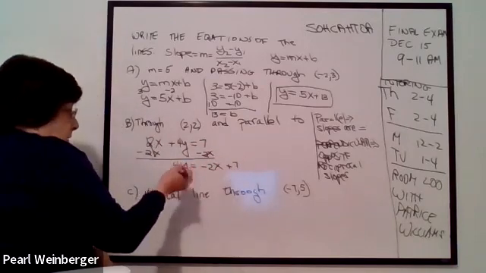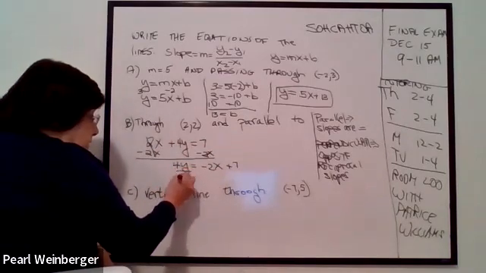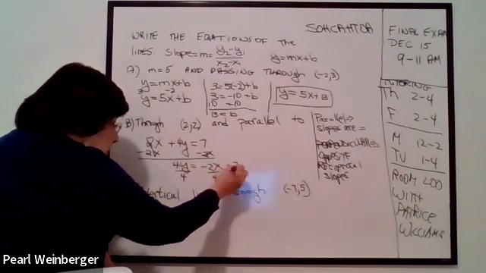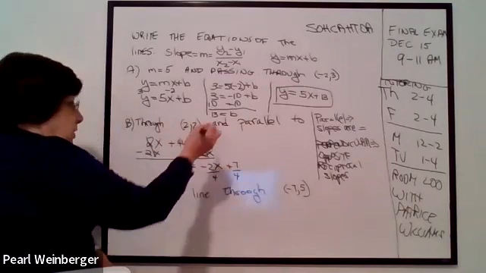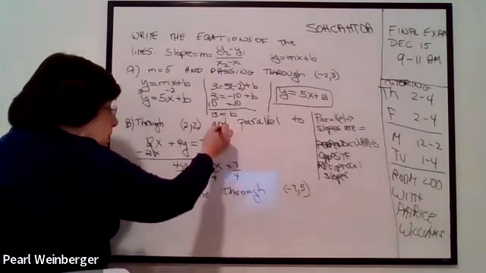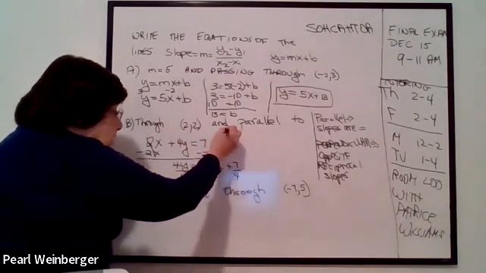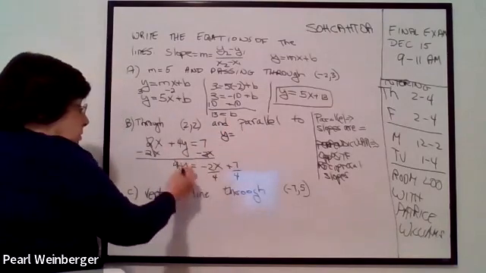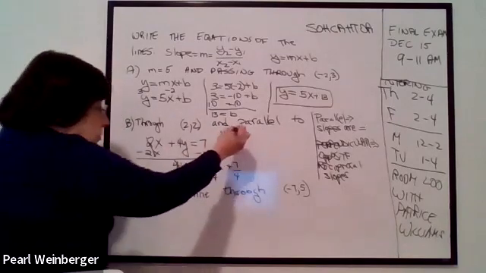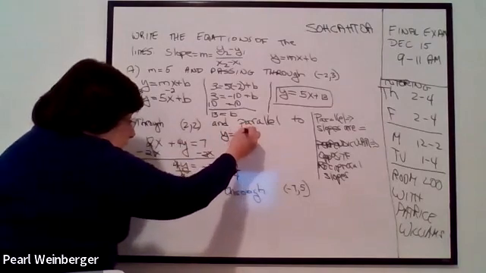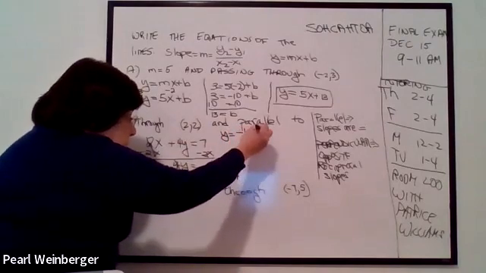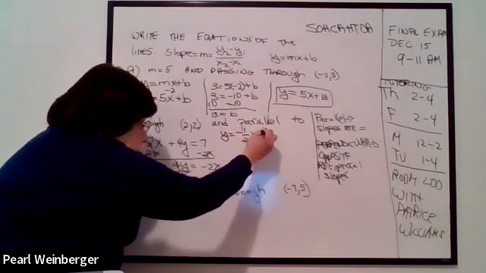And then I don't want this 4 here, so I'm going to divide everything by 4, which will give me that the original line is y equals, okay, -2/4 can be reduced to -1/2 x plus 7/4.